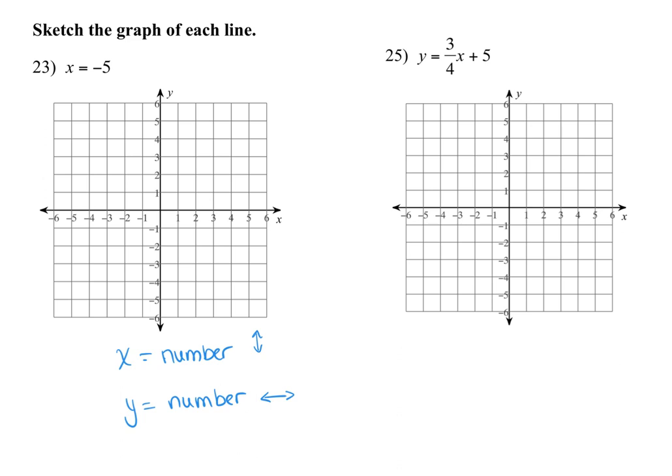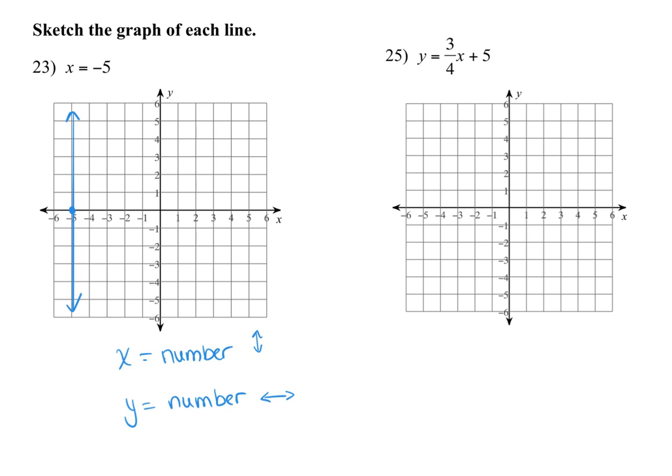This is x equals -5. This is a vertical line at -5 on the x-axis. So I'm going to find -5 on the x-axis. That's right here. And then I'm just going to draw a vertical line through that number. So it's just going to be a vertical line at -5. That's how you graph special cases, vertical or horizontal.